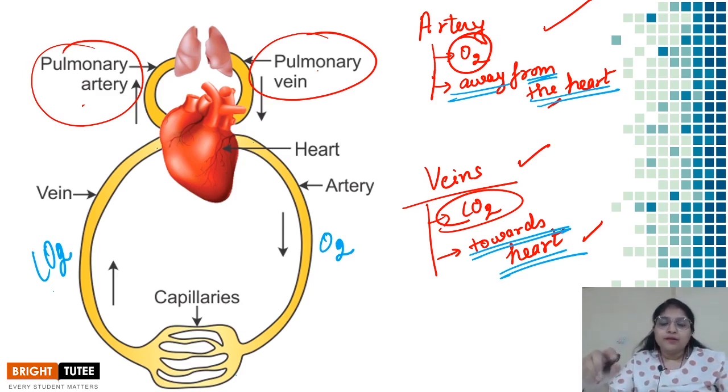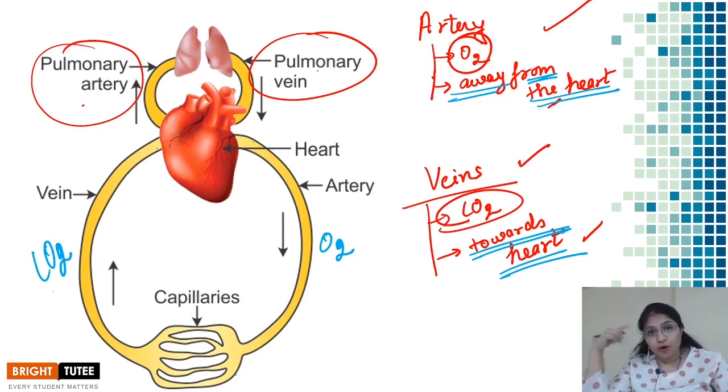Now remember students, the heart does not cause the exchange of gases, because this is not the organ which has a lot of air in it, right? The organ which causes the exchange of gases with the atmosphere is the lung.